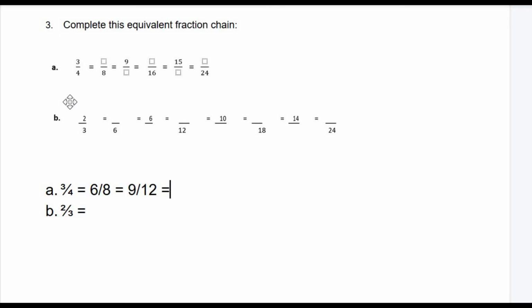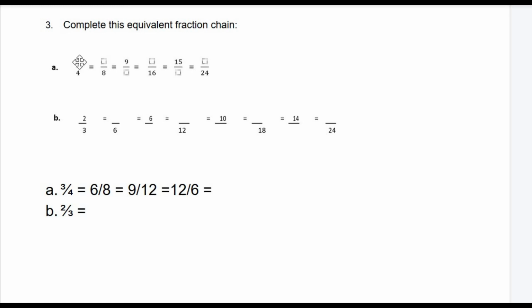So what number, if we multiply it by 4, we get 16? It is 4. So 4 times 3 is 12, and 4 times 4 is 16. So we have 12 out of 16 here. Then we have 15. What number, if we multiply it by 3, we get 15? It is 5.